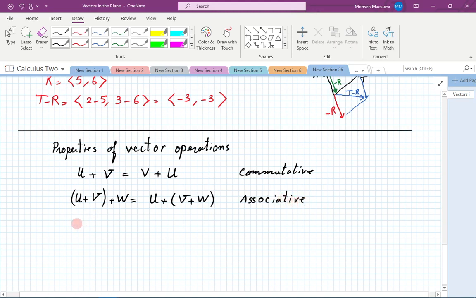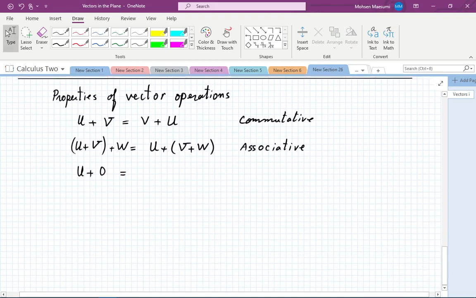Then we said we have a zero vector, which is very much like the zero we had for scalars. If you add it to any vector, it does not make a difference. That is sometimes referred to as the null element or identity element.